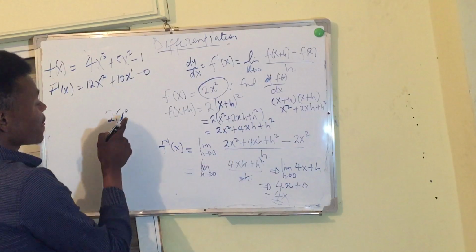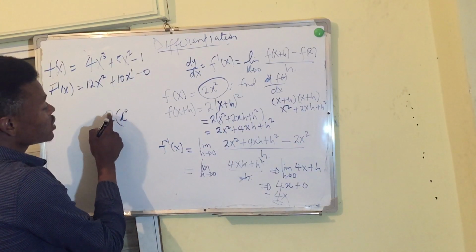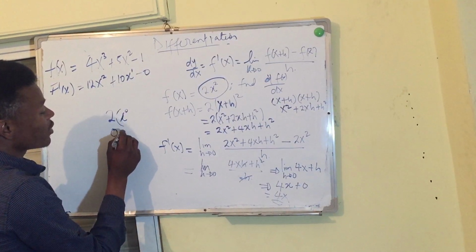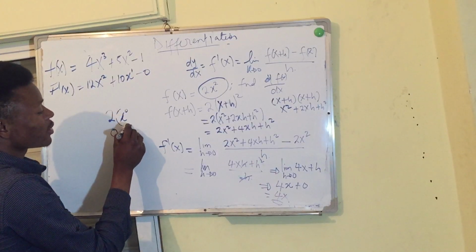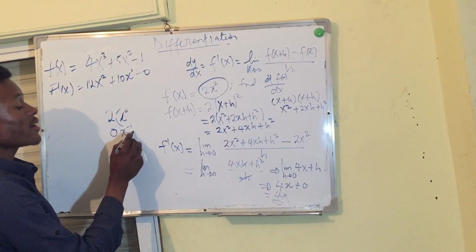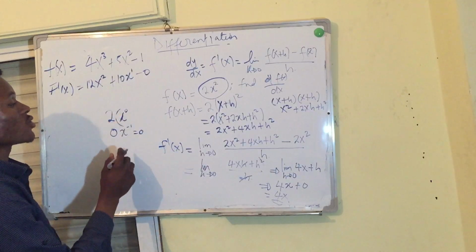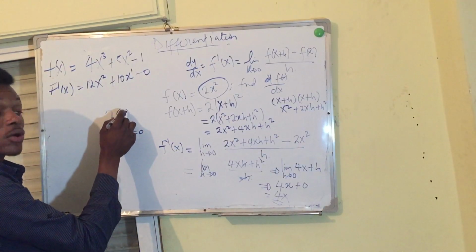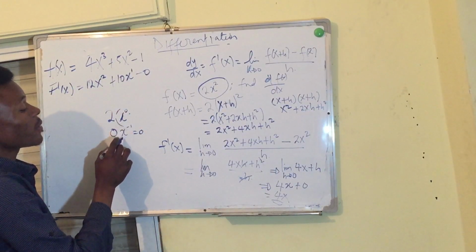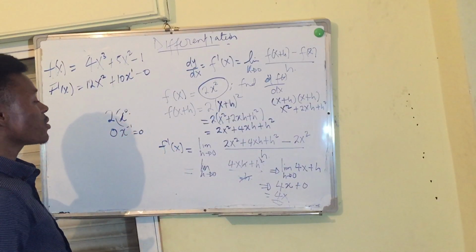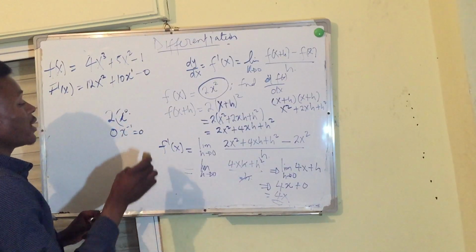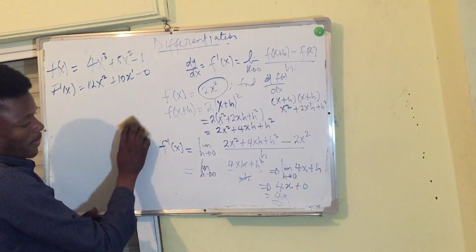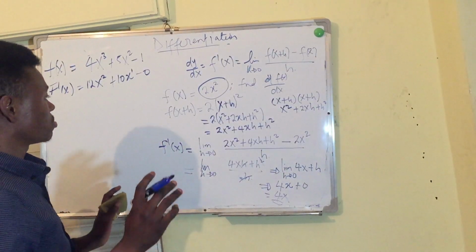Because of that reason idan muka multiply 0 times 2 zai kasance 0, times x to the power 0 minus 1. So 0 times anything is 0. So derivative of this function is 0. When you multiply by the power which is 0, when you subtract 1 from the power, still the answer is 0. So derivative of any constant number is 0. Simple.